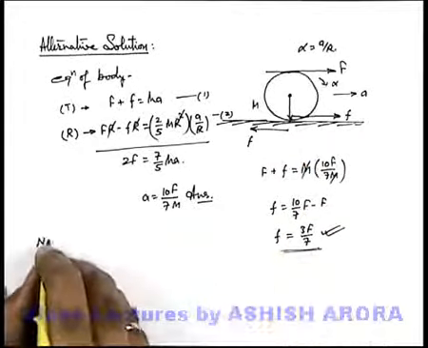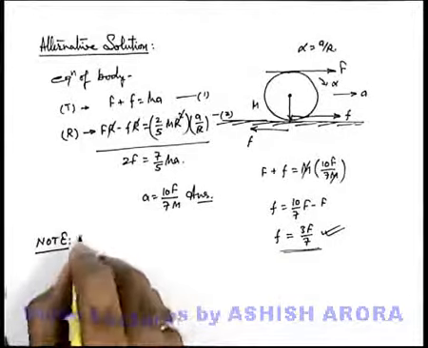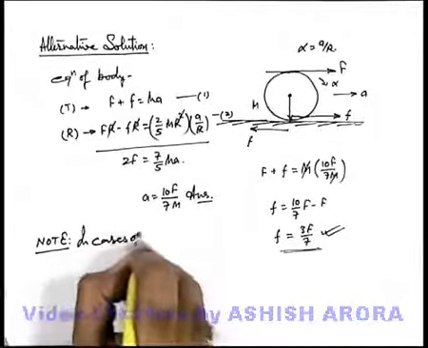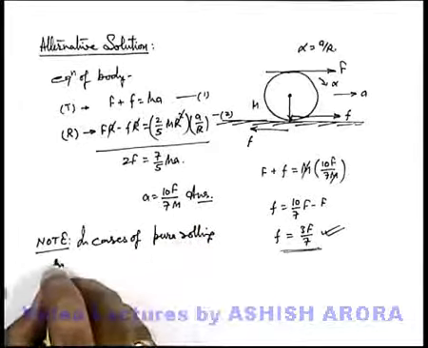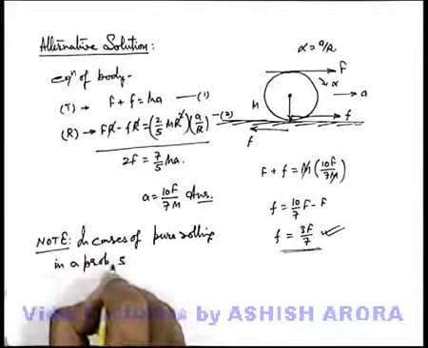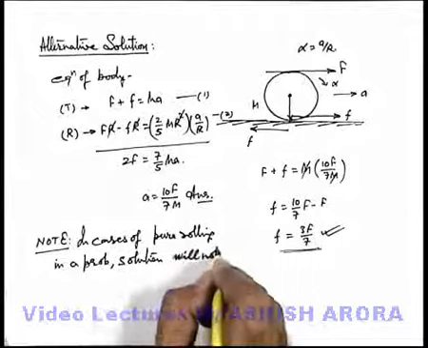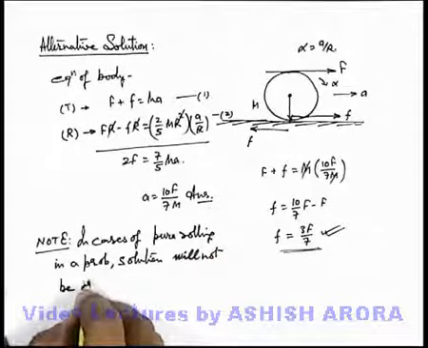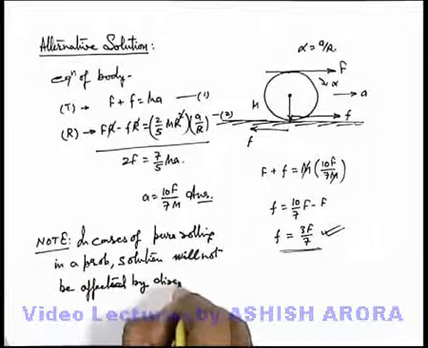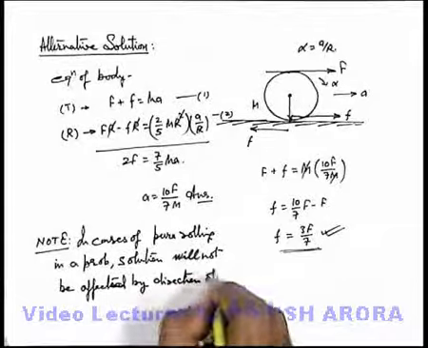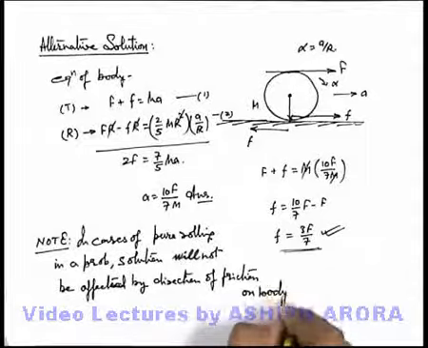So here you can write down a note or a hint for solving problems of pure rolling on a rough surface: in cases of pure rolling in a problem, the solution will not be affected by the direction of friction on the body.